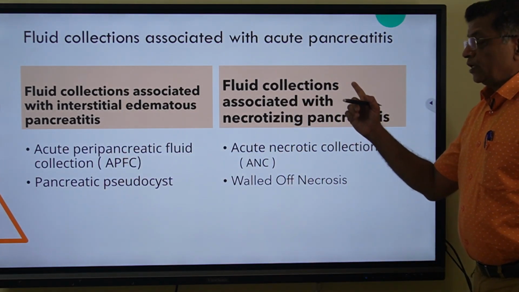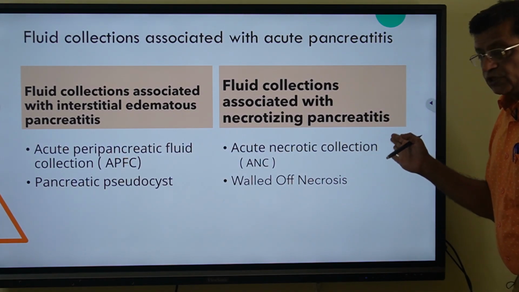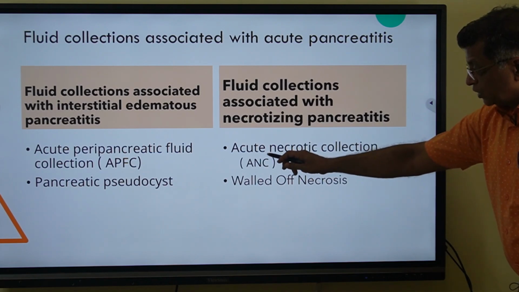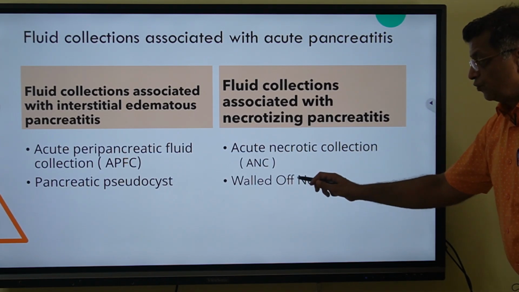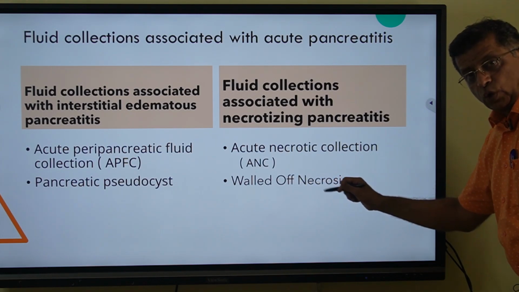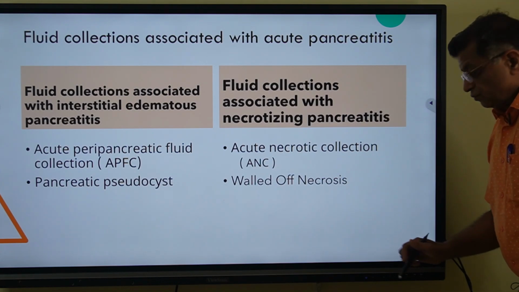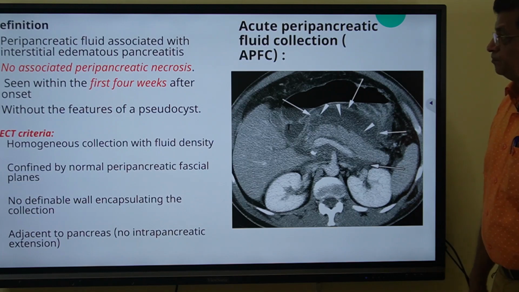Fluid collections associated with necrotizing pancreatitis, if the duration is less than 4 weeks, are called acute necrotic collection, ANC. After 4 weeks, if the wall gets organized, it is called walled-off necrosis, or WON. We will try to understand briefly what these terminologies mean.